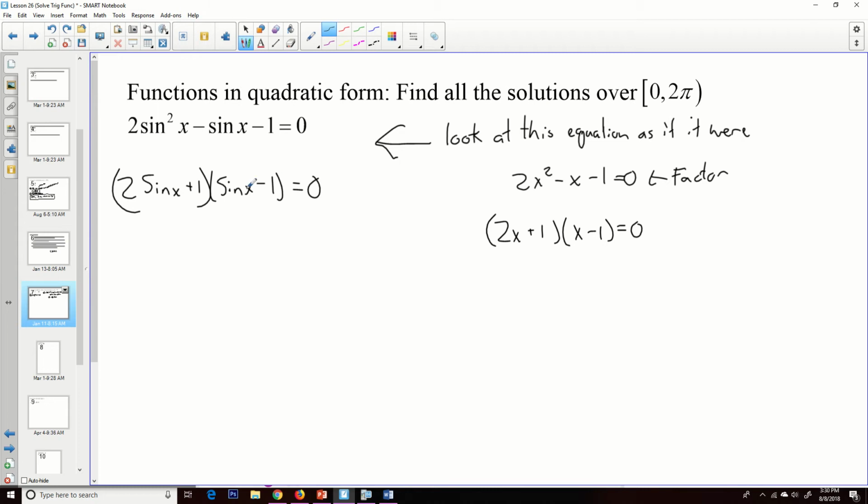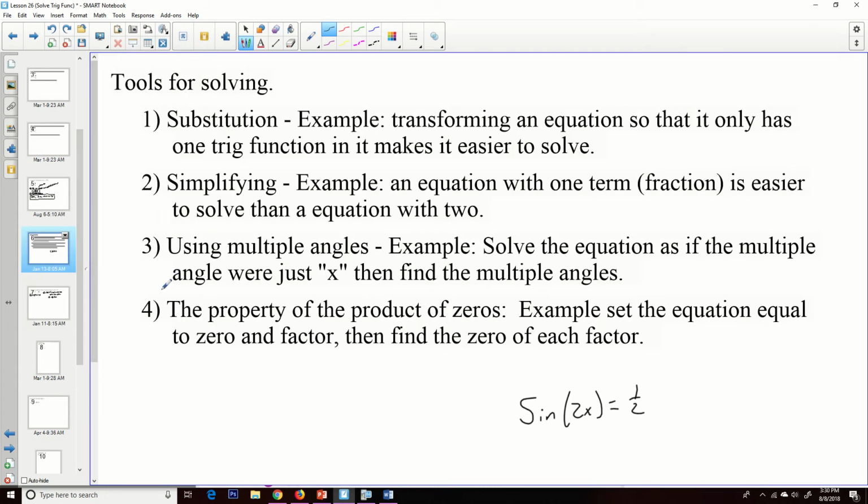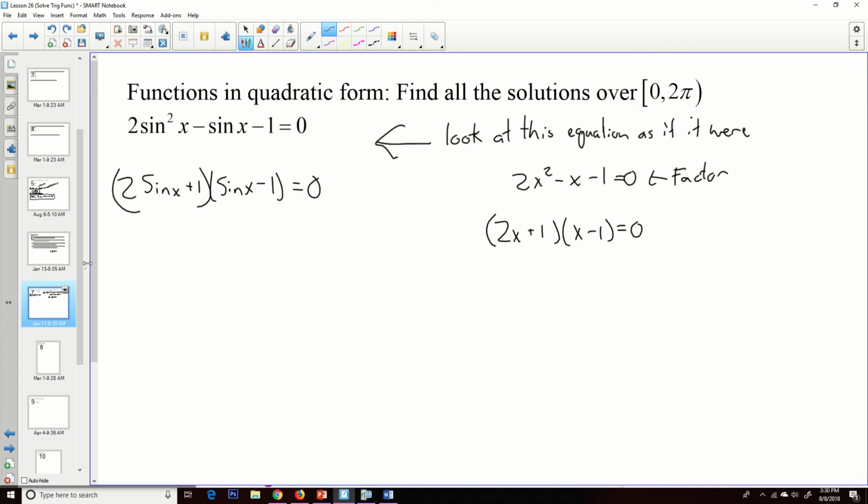And so basically I'm going to set each of these two equal to 0. So I'm doing a couple different things. I'm factoring, and then I'm going to use the property of the product of zeros here. So I'm going to go 2 sine x plus 1 equal to 0, and then sine x minus 1 equal to 0. And so real quick, sine x equals negative 1/2, and then sine x equals 1.